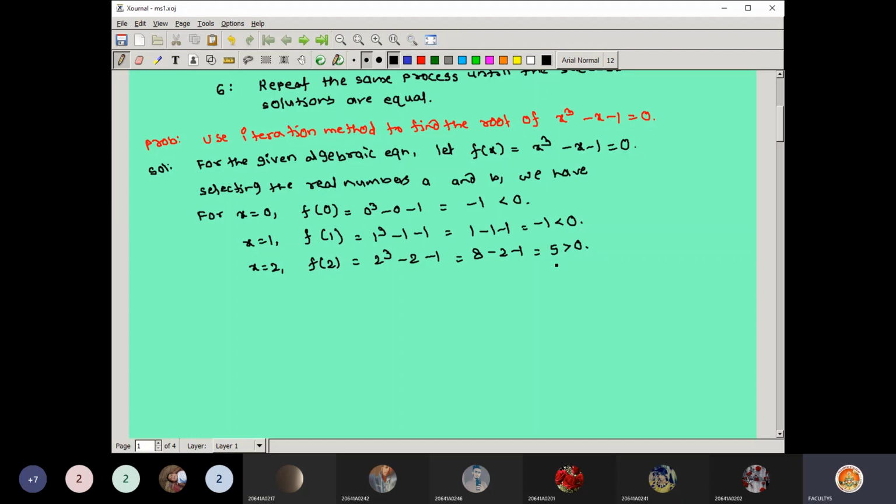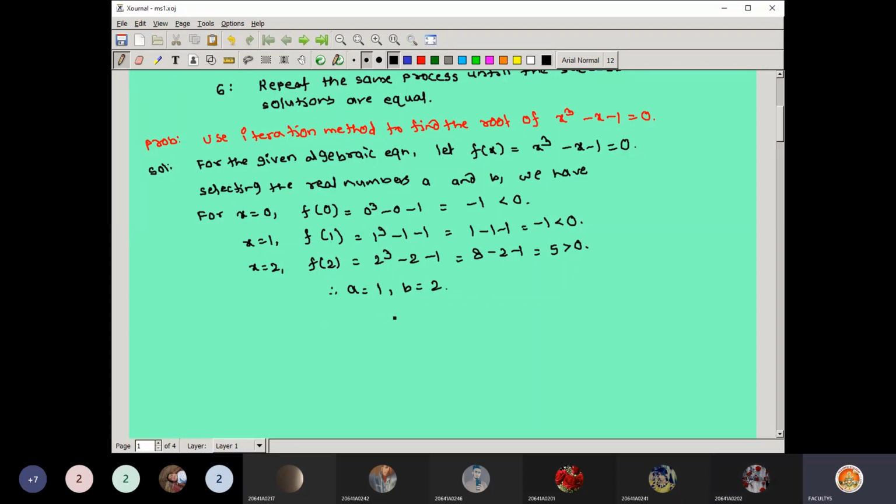So wherever you are getting opposite signs, now you can stop the process. What is the a value now? 1, right. And the b value is 2.